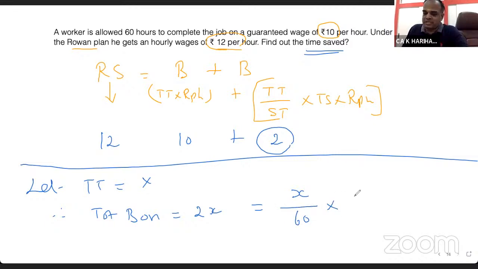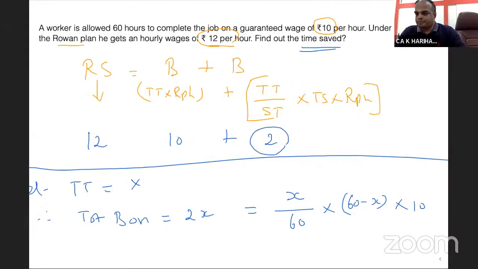What minus what is equal to time saved? 60 minus x, into rate per hour. How much is the rate per hour? 10 rupees is the rate per hour. Now we can solve the problem. Find out x. Got the idea or not? Put it down.